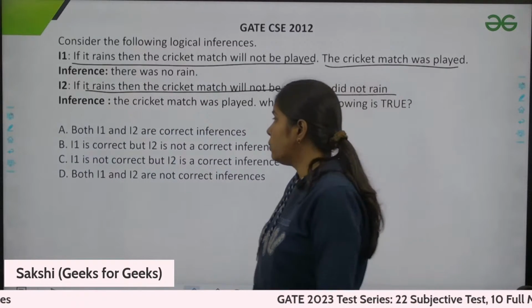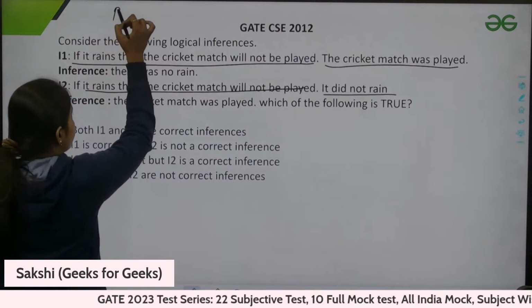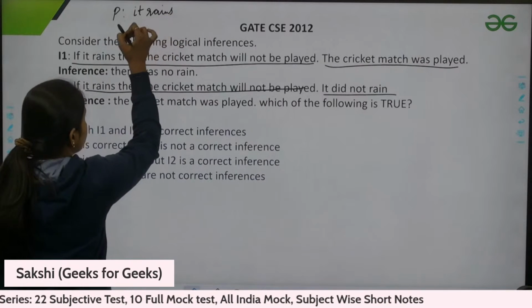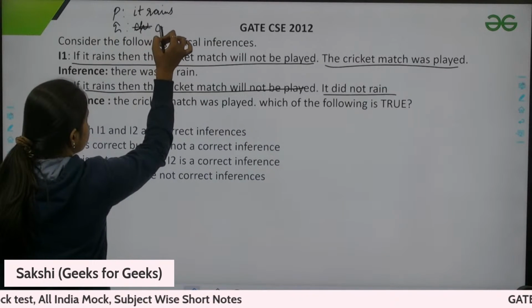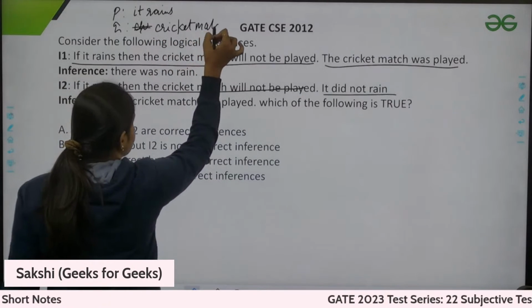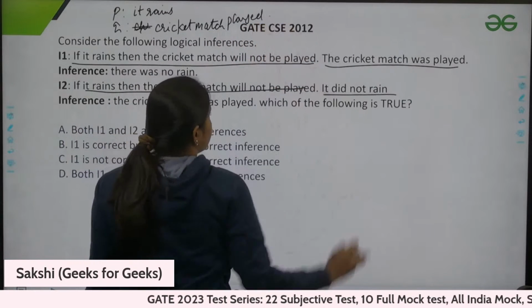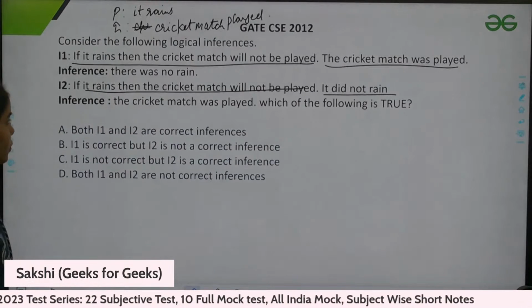So what would I do? Let's take P as it rains, Q as cricket match played. Now let's translate these sentences into propositional logic.